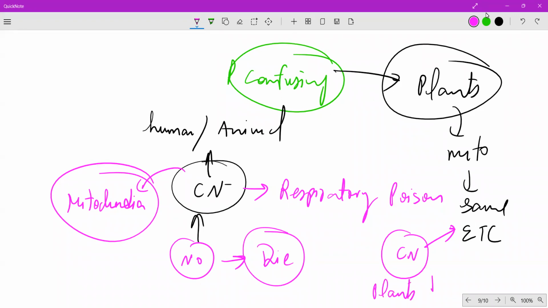Do you think plants will die if you treat them with cyanide? No, sir. Why? Same ETC is here also. The question is, why don't the plants die?